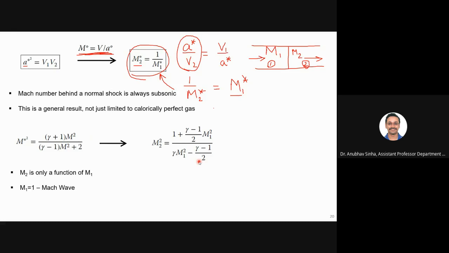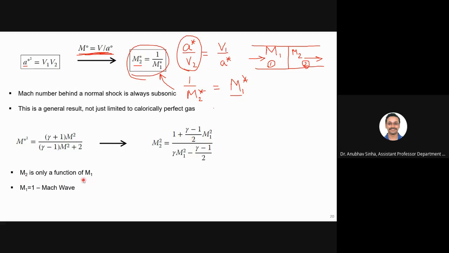Here we see that M2 is only a function of M1. If you look at this equation carefully, only gamma is there and M1 is there, right? If you assume that gamma is constant for a particular gas, let us say for air we have gamma equal to 1.4, then I can safely say that M2 is only a function of M1.